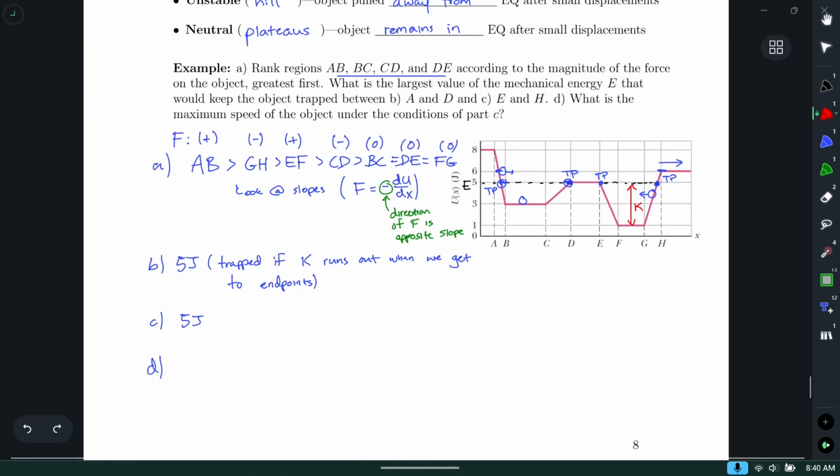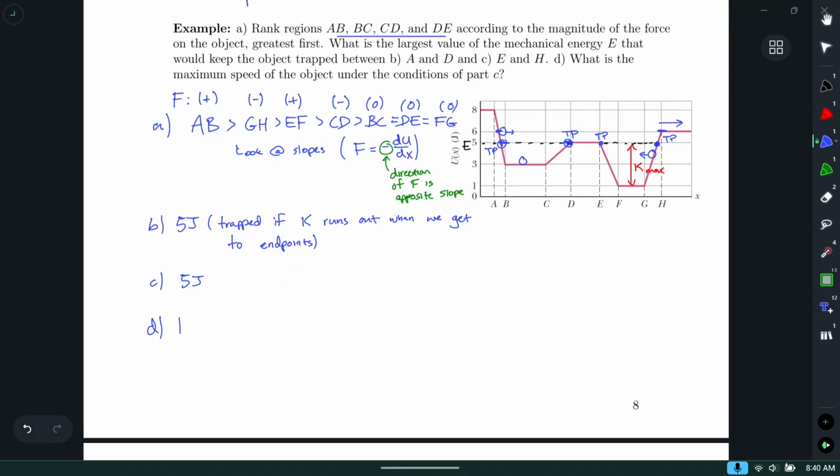So that would be my maximum kinetic energy value. We'll say kinetic energy is max where potential energy is minimum, and it equals whatever's left over of my budget at that point. So 5 joules minus 1 joule, or 4 joules.